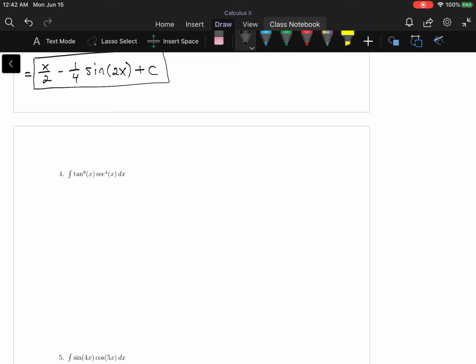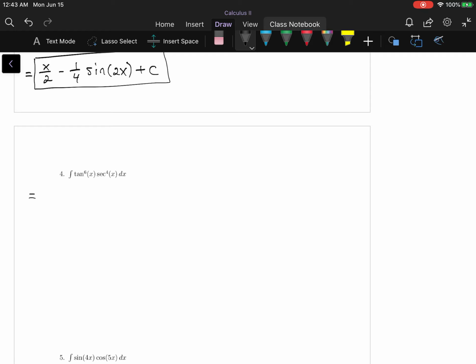The derivative of secant is secant times tangent, and so I'd have to manipulate the secant to get rid of 3 of them, and I'd have to manipulate the tangent part in order to get rid of 5 of those, which seems a lot more complicated. And so I think getting rid of a secant squared and keeping one left over is really the path to go.